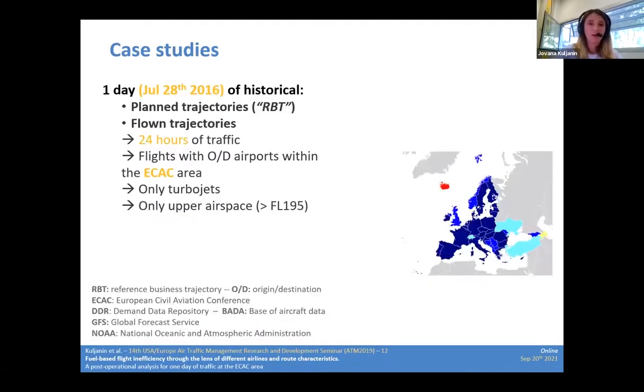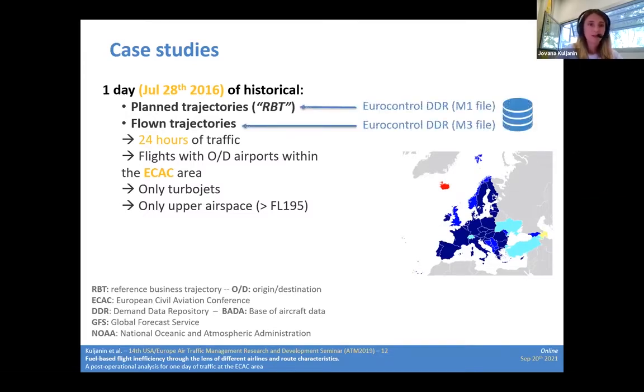So our analysis was based on the set of 24 hours of historical flown and planned trajectories for July 28, 2016. The planned trajectories were retrieved from the EUROCONTROL DDR database M1 file, while the flown trajectories were retrieved from the M3 file.